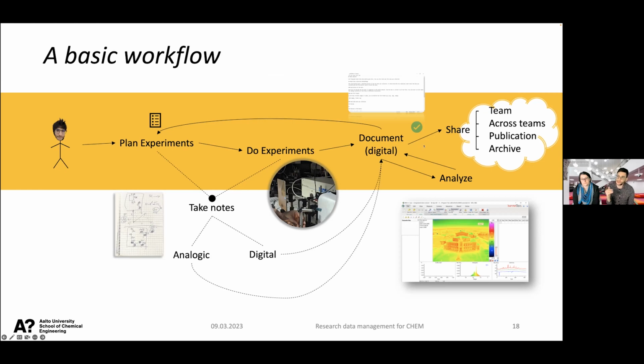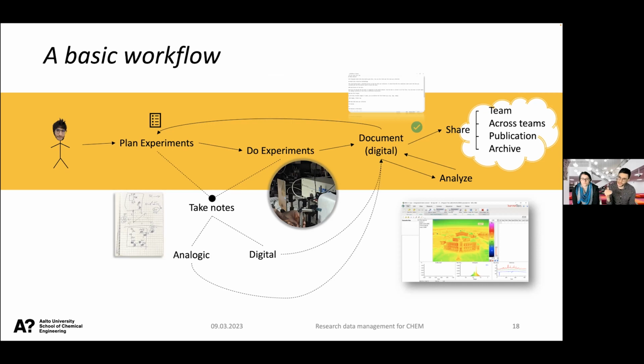And this sharing part is important, because you can share with your team, you can share between different teams, and you can also make it available in a publication or archive. And for all these layers, you might need different types of descriptions. So in the best scenario, you already have the most broad description of everything.